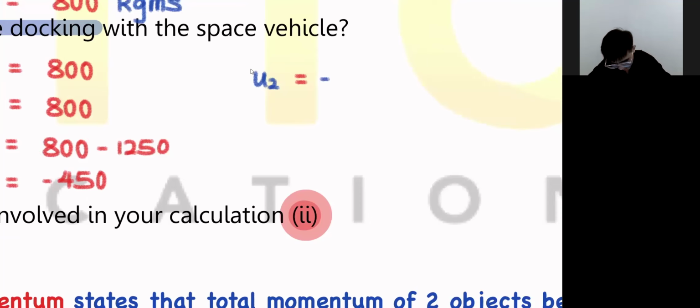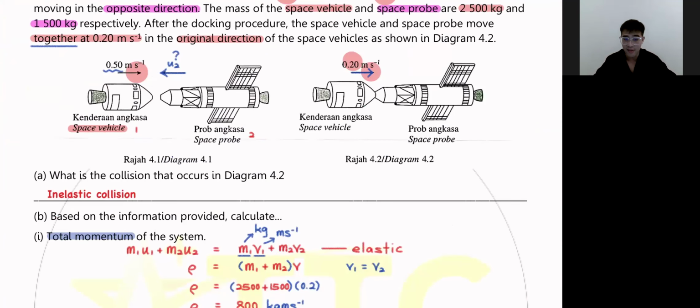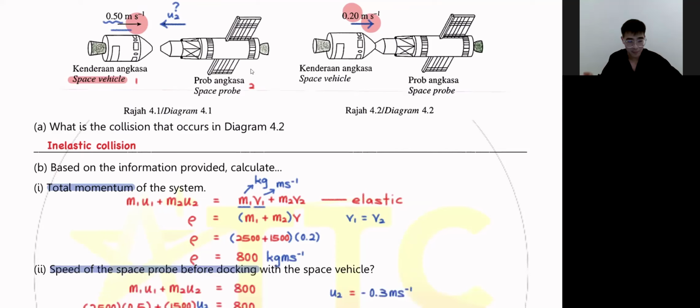So you should be getting a negative answer. Don't worry if you get a negative answer. It's totally fine, and let me explain to you why. Like I said, if you look at the diagram, the space prop is originally moving in the opposite direction of the space vehicle. And remember just now, we assumed that going to the right side, that means the direction of the space vehicle, is the positive direction. So when the space prop is moving in the opposite direction, it will be the negative direction.